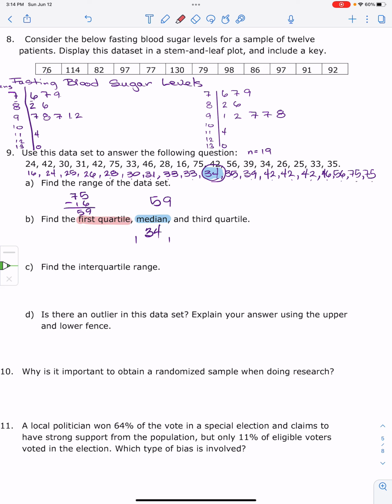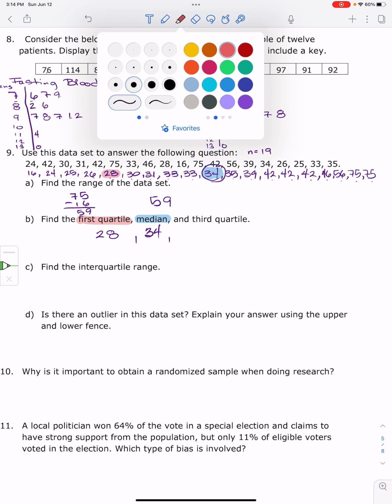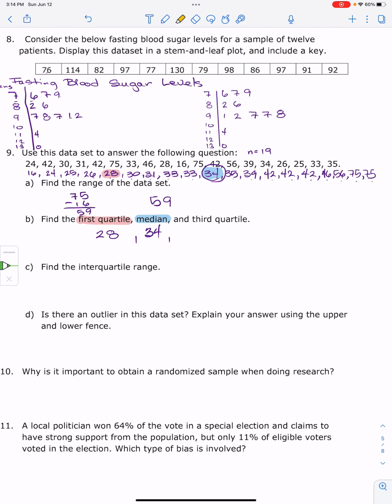So 1, 2, 3, 4. It is going to be this fifth term. I get 28 there. And I am going to do the same with the top half. 1, 2, 3, 4. I get this 42.